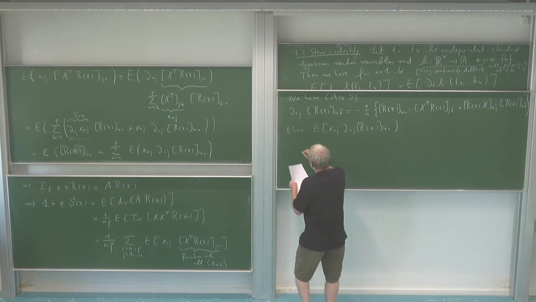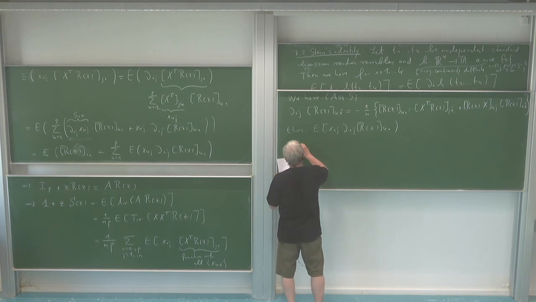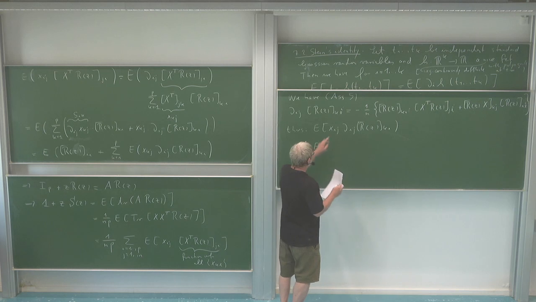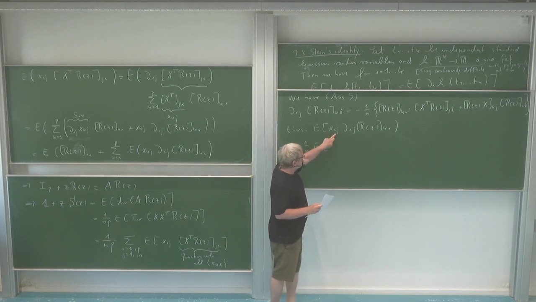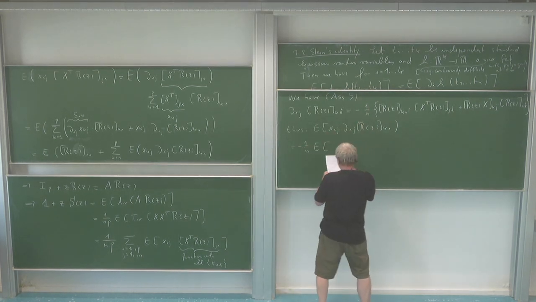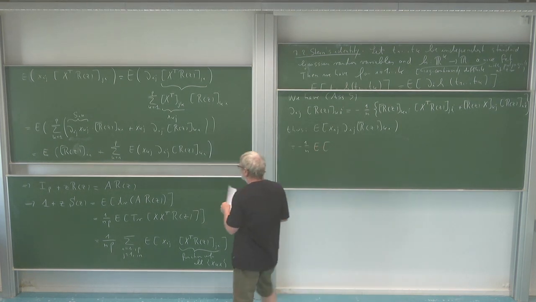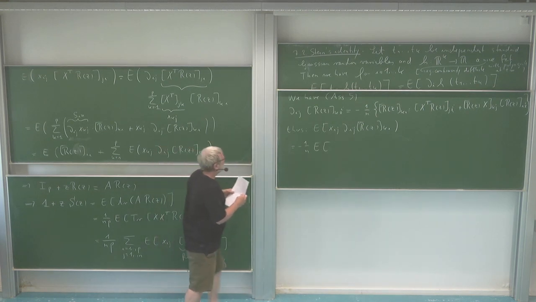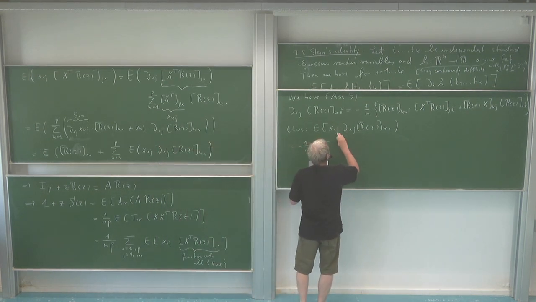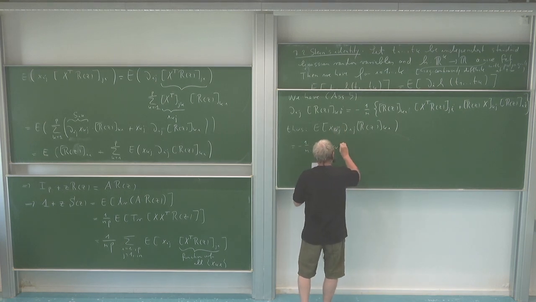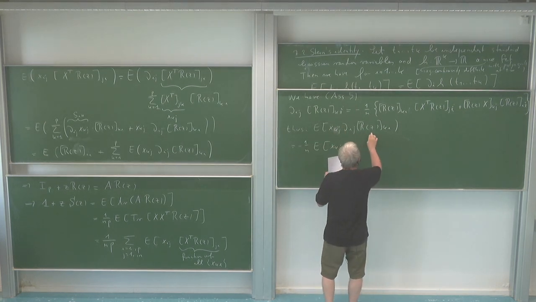I have the minus 1 over n. I have the expectation, and I'm multiplying it here still with x_ij, and then I'm using this formula. So I have here x_kj. Okay, so x_kj. I have here the x_kj, and then I have this thing here.